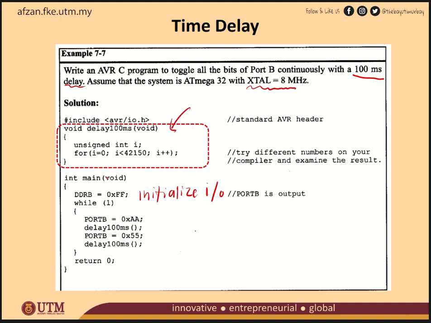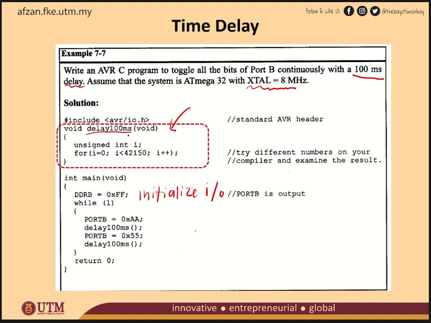If you see here, void delay 100 milliseconds, this is the delay name, or delay function, delay subroutine that you're going to call. Void delay 100 millisecond void.